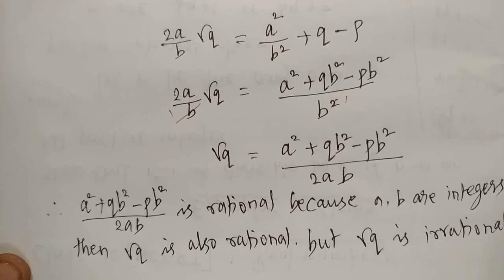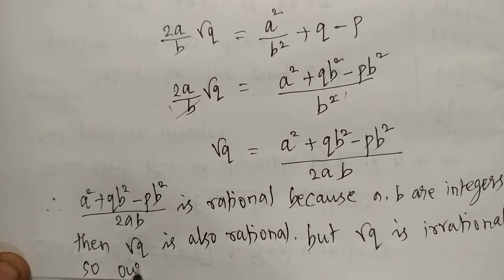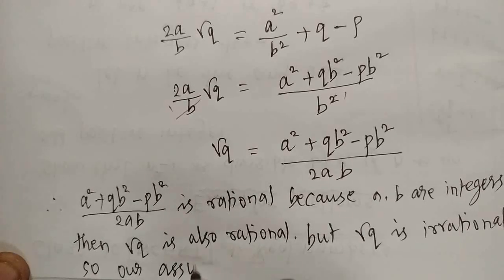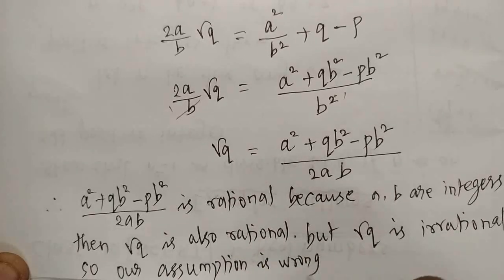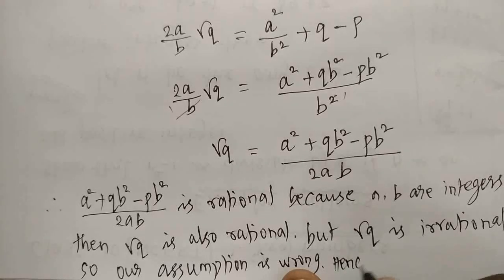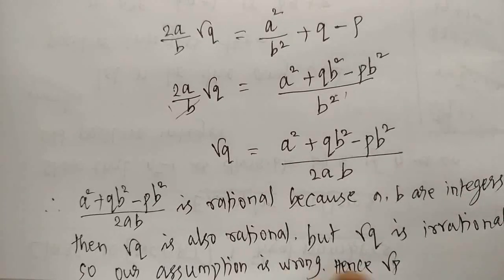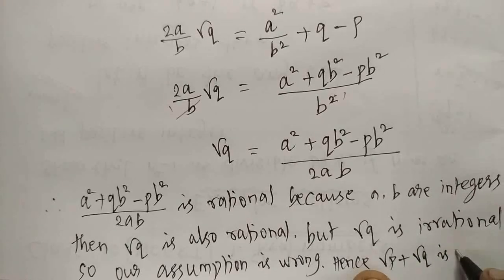What we assumed is wrong. Hence root P plus root Q is irrational.